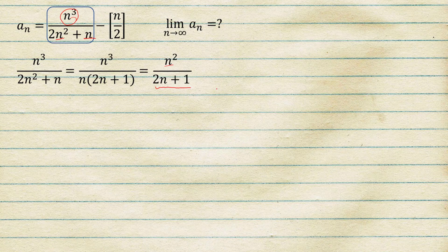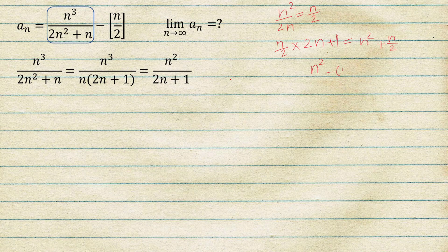Now, to be able to find the answer more easily, it's better to create the expression inside the floor brackets in our fraction as well. To do this, it's better to split this fractional expression by dividing the numerator by the denominator of the fraction, polynomial division.